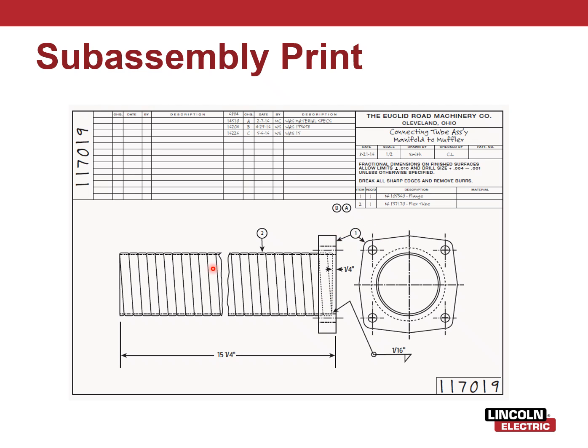This is just telling you, because this is not a multi-view, this is just a sub-assembly, and this is just telling you, hey, this part 1 is this part 1 right here, and then you've got part 2 right here, and then again we've got a weld symbol right on the inside. So you're going to do an inside weld right where that arrow meets this hidden line to this bracket all around. Okay, 1/16 inch fillet weld right there. So this would be the thing that you hand to the fabricator or welder, and they should be able to put those two parts together, weld it up, and send it off to the assembly.